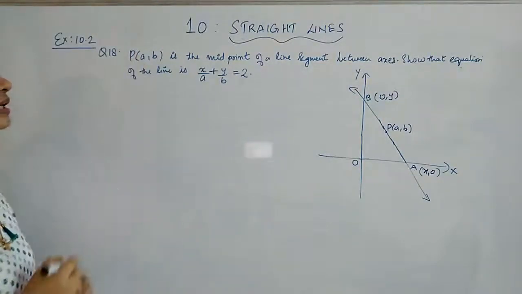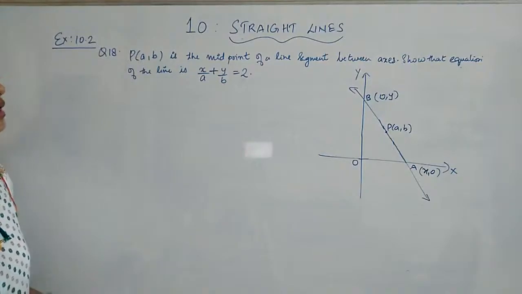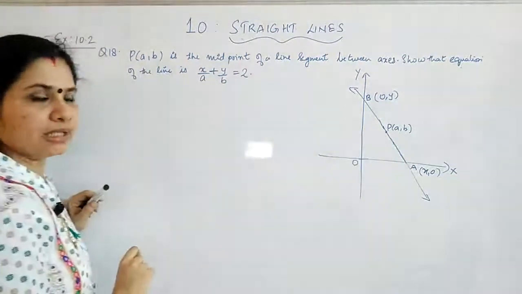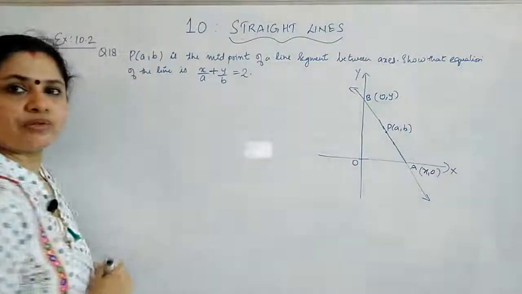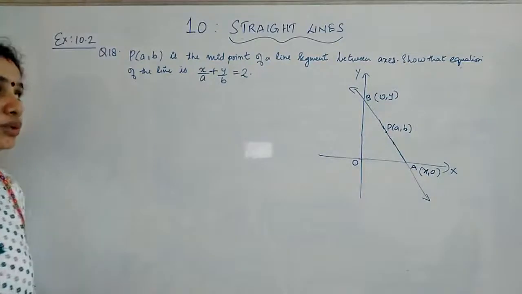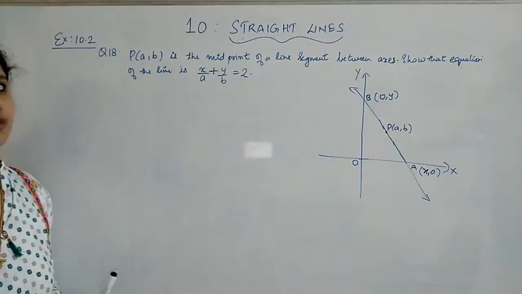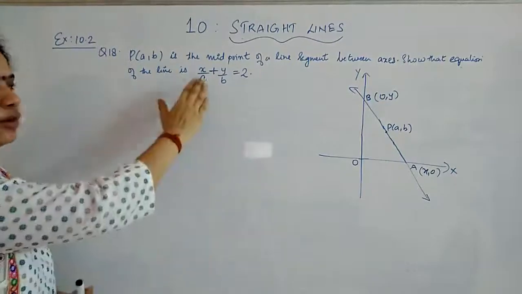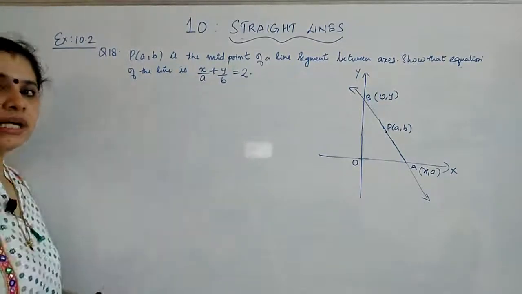And P is already given to be the midpoint of the line segment between the axes. That means it will be the midpoint of AB, and you can use your midpoint formula to get A and B in terms of x and y. Then we will use the intercept form to get the equation of the line in this form.